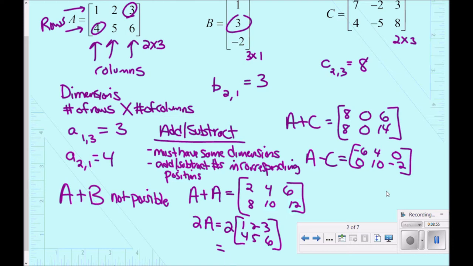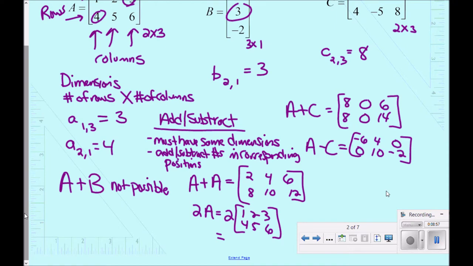So when I multiply that 2 times 1, 2, 3, 4, 5, 6, I get 2, 4, 6, 8, 10, and 12. Okay, so that number, when we have a number out front of a matrix, you want to put this in your notes, that has a name, it's called a scalar. A scalar. And all that means is that you'll take that number times all of the numbers inside the matrix. Okay.